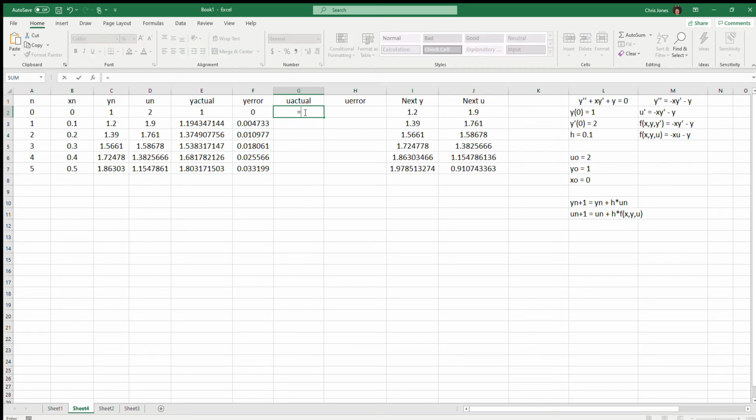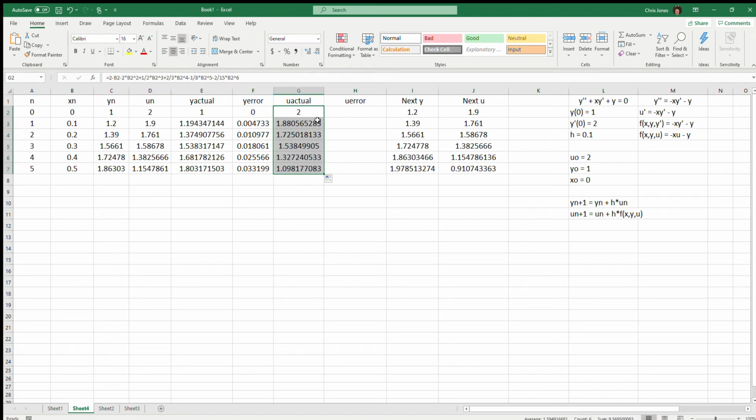We found the derivative of our series, so that's 2 minus x, which in this case is 0, minus 2 times this cell squared, plus 1/2 times the cell cubed, plus 2/3 times the cell to the 4th power, minus 1/8 of the cell raised to the 5th power, and minus 2/15 times the cell to the 6th power. And the u actual should be 2, which is not surprising.